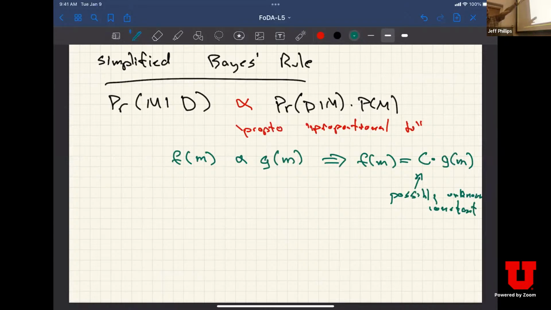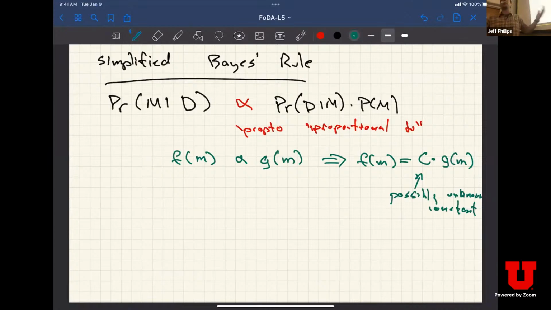It does not depend on the value of m, and I don't have to write this constant down anymore. This is like the 1 over the probability of the data. Or if we assume the prior on the model was also a constant, we could wrap that into the constant C as well.